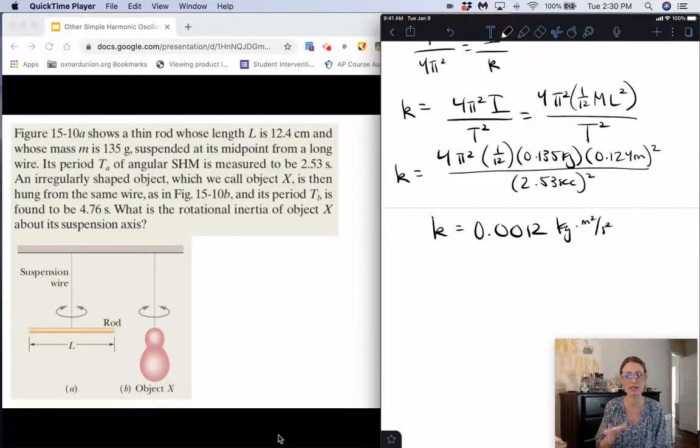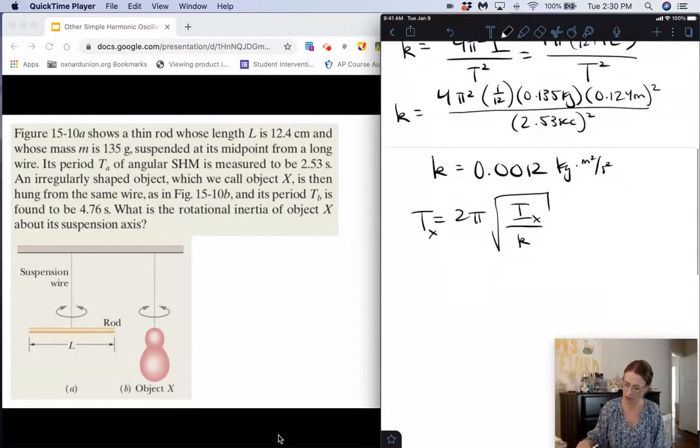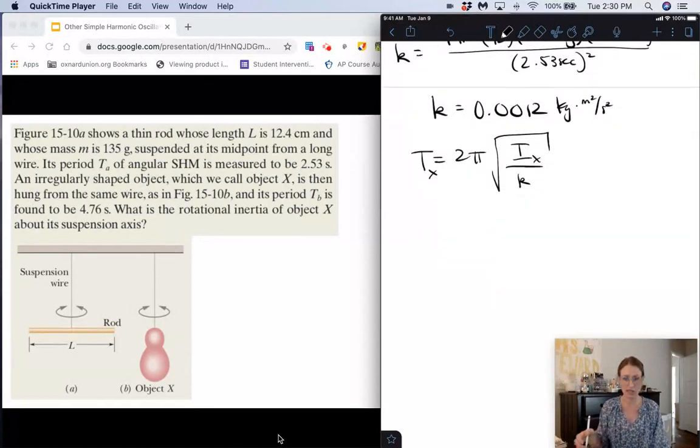Now remember, since this is the same wire, we'll have the same torsion constant. So we use the same equation. Period is equal to 2 pi times the square root of rotational inertia divided by torsion constant. But now this is going to be the period of object X and the rotational inertia of object X. Here we're solving for rotational inertia.